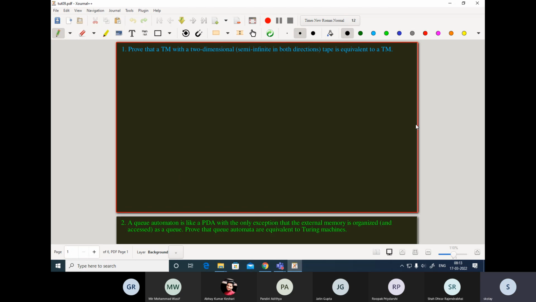Okay, so the first question is, if you are looking at a Turing machine where the tape is a two-dimensional tape.